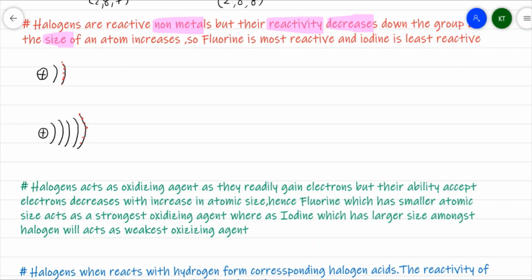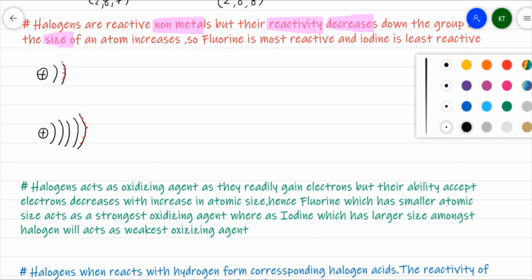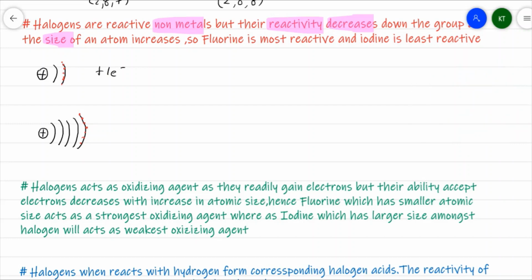Now each of these shows a tendency to gain an electron. When they gain an electron, they get converted into negatively charged ions. So fluorine will get converted into F minus 1, and iodine will get converted into I minus 1 ion. But as you observe, fluorine has a smaller size and iodine has a larger size.